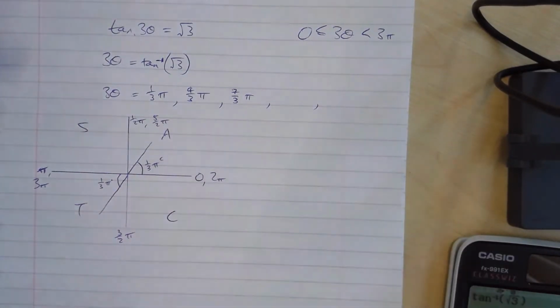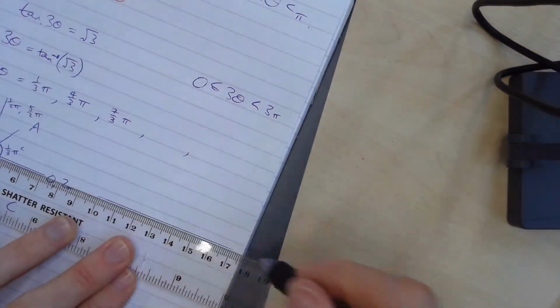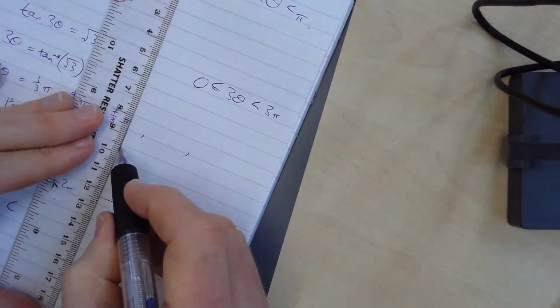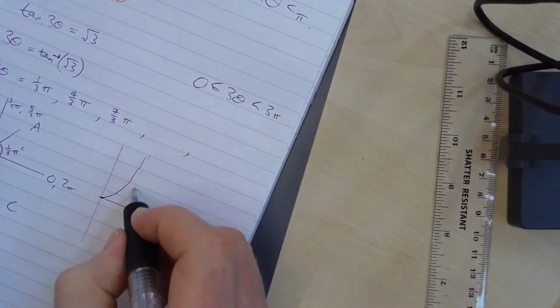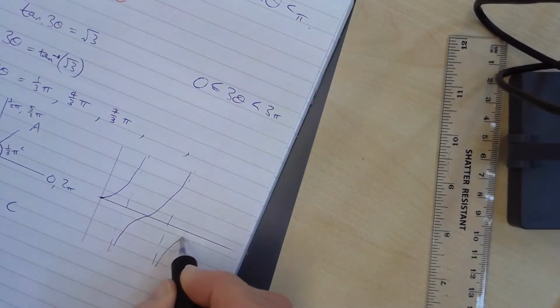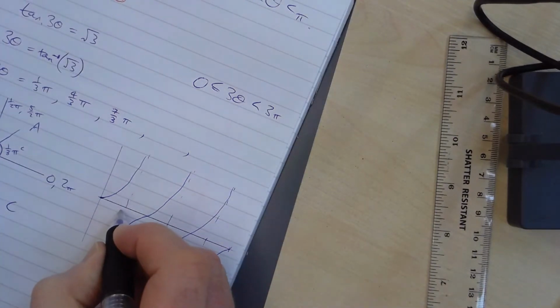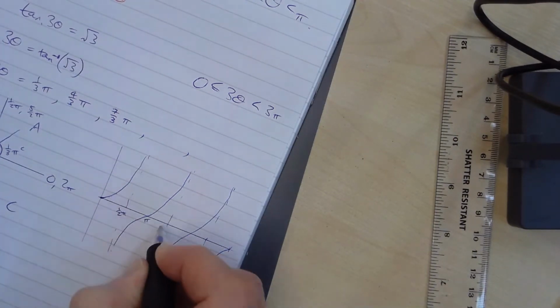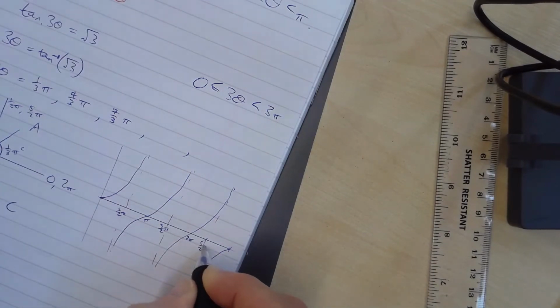Had you used the graph version instead, let's just quickly see what that would have looked like, starting at 0. So that's half pi there, pi, 3 over 2 pi, 2 pi, 5 over 2 pi, and 3 pi.